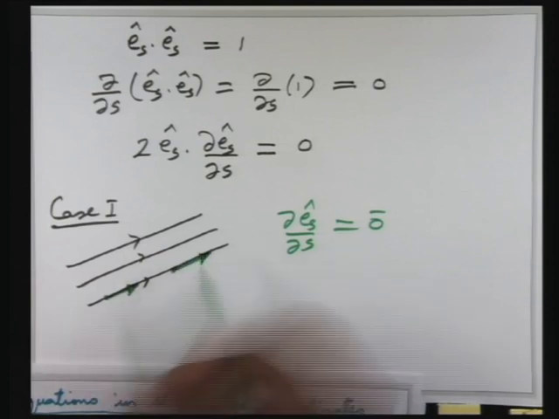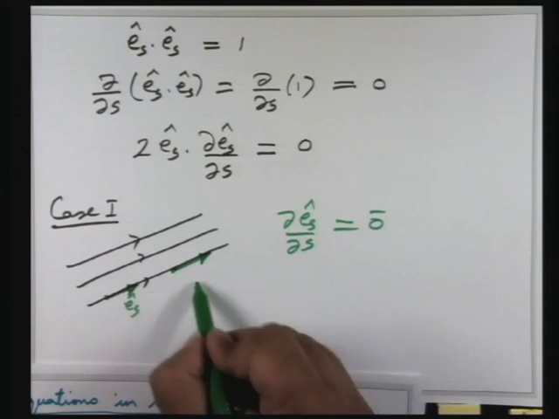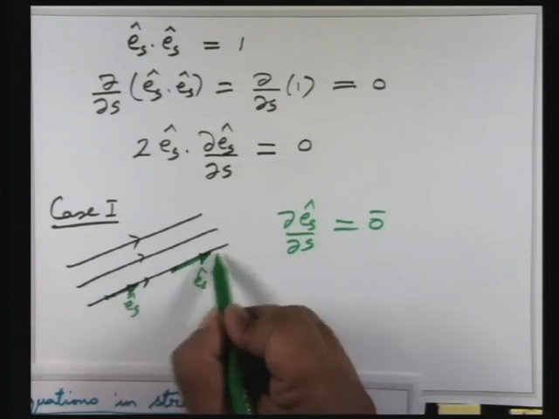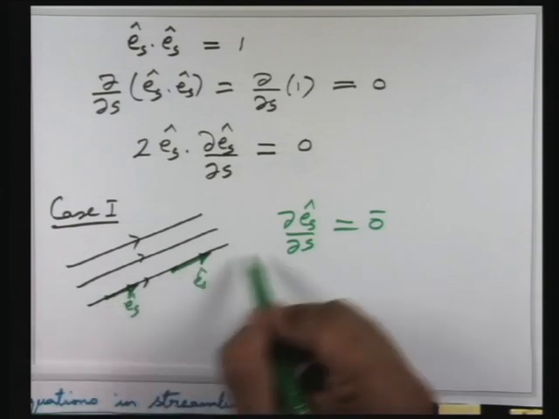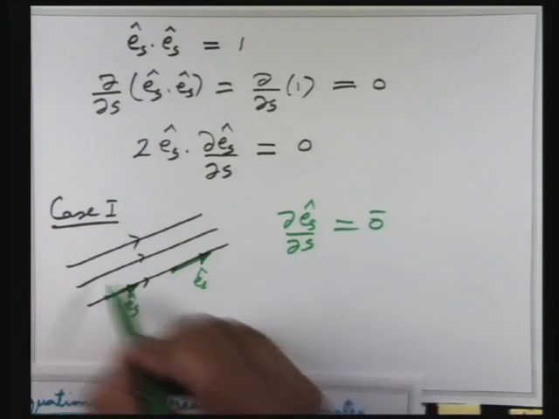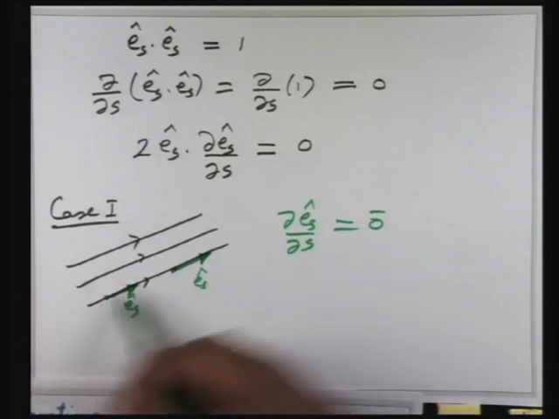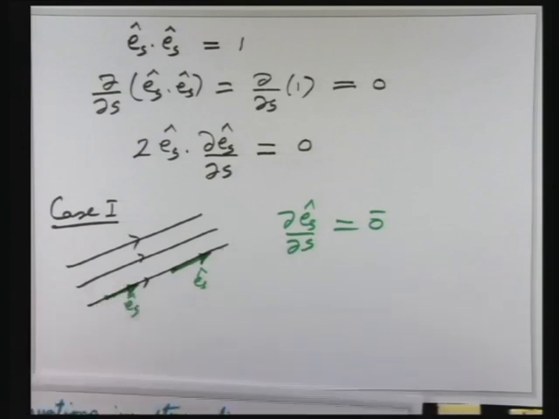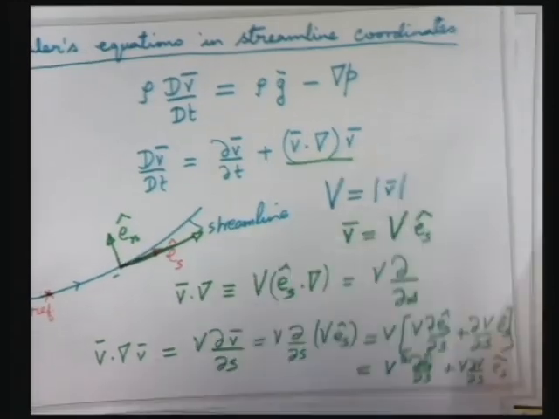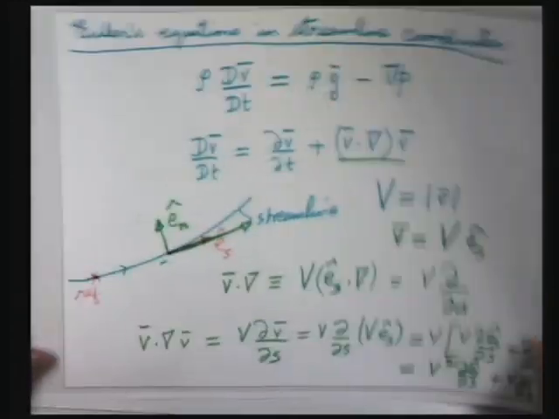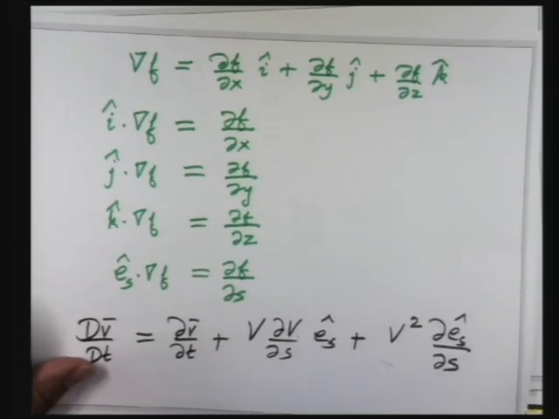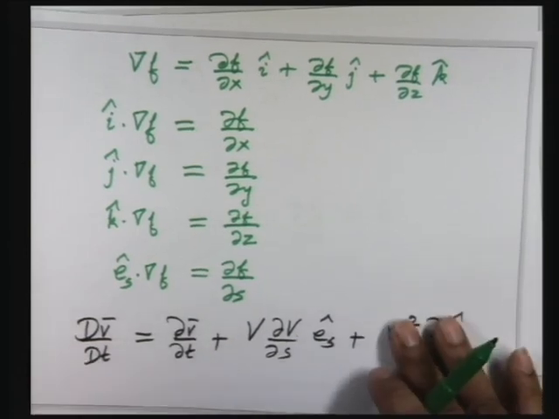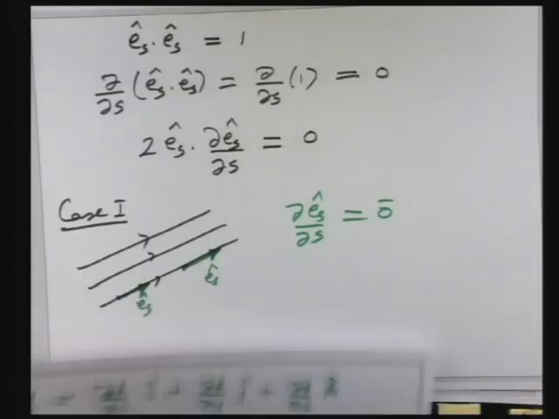So these are your es, they are parallel vectors. Both have magnitude 1, and because it is a straight line, the direction is the same. So here the es is not varying with s. So in that case, if you come back and look at this term here, this term will be 0, it will not be there.